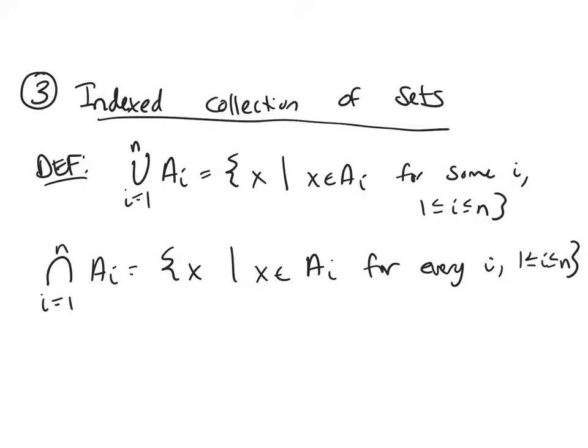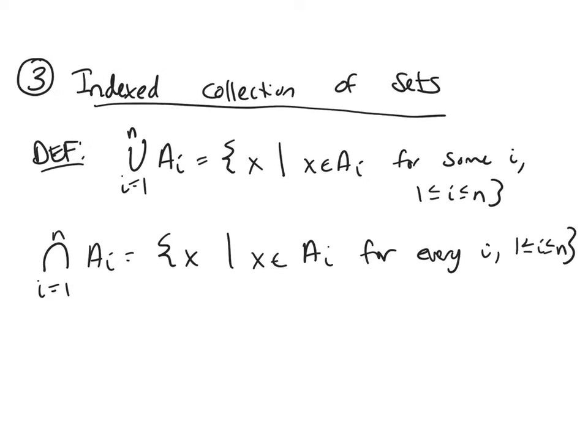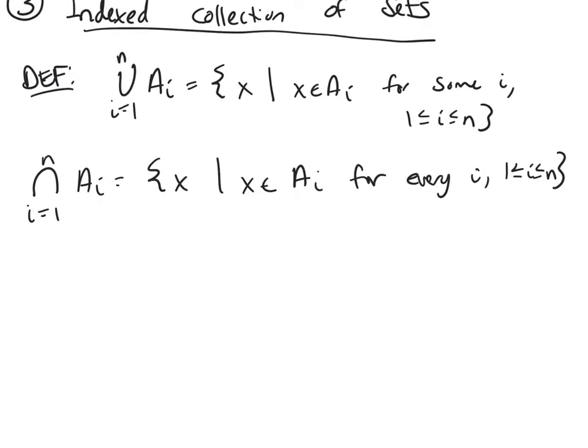So something you might want to note here is these correspond to our quantifiers. The union corresponds to our existential quantifier, and our intersection corresponds to our universal quantifier. And so from this, we can now define an infinite collection of sets.